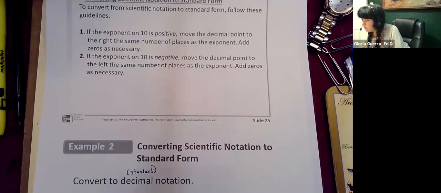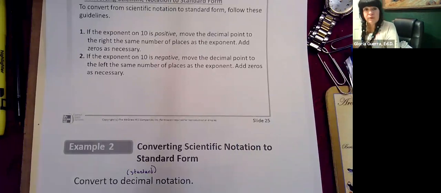If the exponent on 10 is negative, move the decimal point to the left the same number of places as the exponent. Add zeros as necessary. Okay, so we'll make use of that.